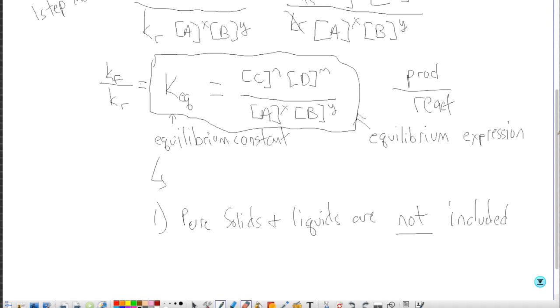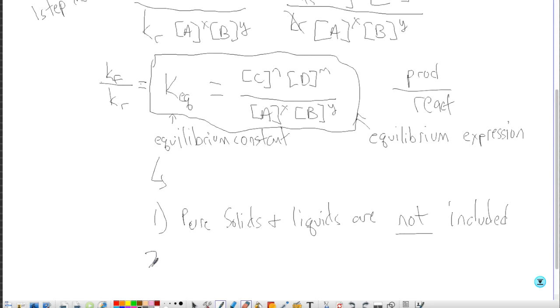Or what's going to happen is if you use water in the reaction, the moles of water are going to decrease, which would also decrease the volume by the same amount. So your concentration of pure solids and pure liquids is never going to change anyway. So they're just not included in equilibrium expressions, okay?